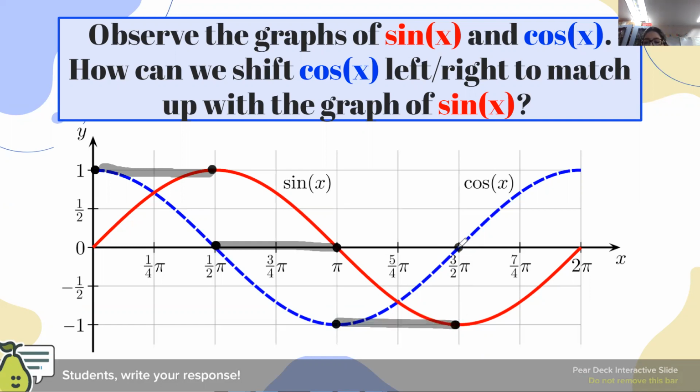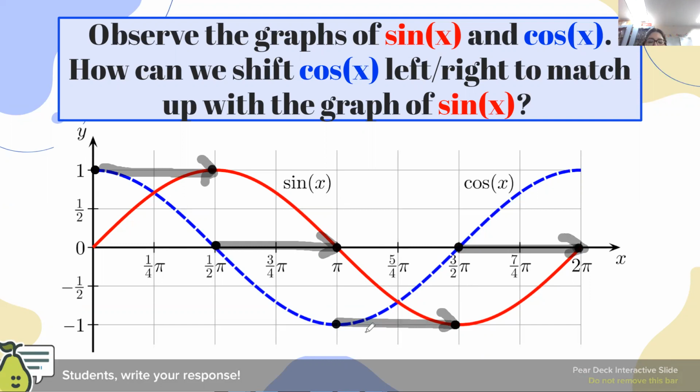And again, my 3 pi over 2, comma 0 can be shifted over 1, 2 positions and end up on my sine graph. So shifting all of these points to the right by 2 units will make our cosine graph transform into the sine graph.